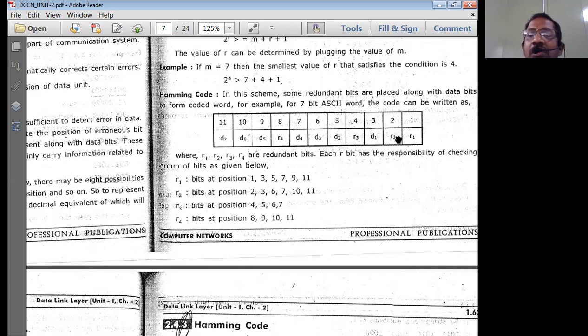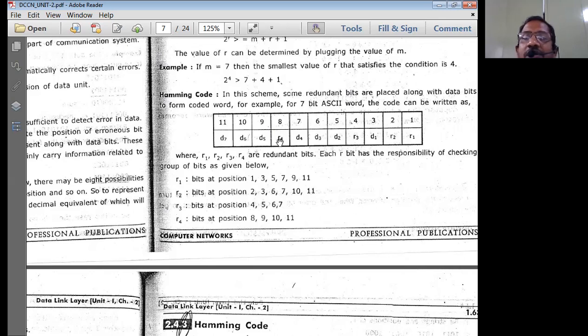So R1, R2, then D1, then R3, D2, D3, D4, data bits, then R4. That means 4 redundant bits have been arranged like this. Now you should remember these positions: R1, R2 at positions 1 and 2, R3 at position 4, then R4 at position 8.